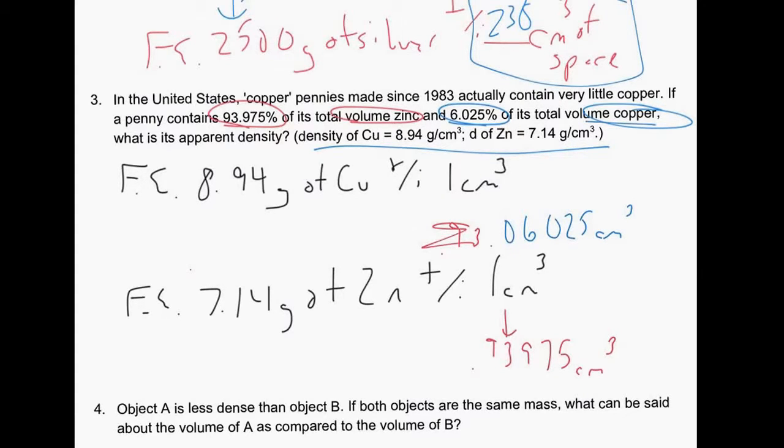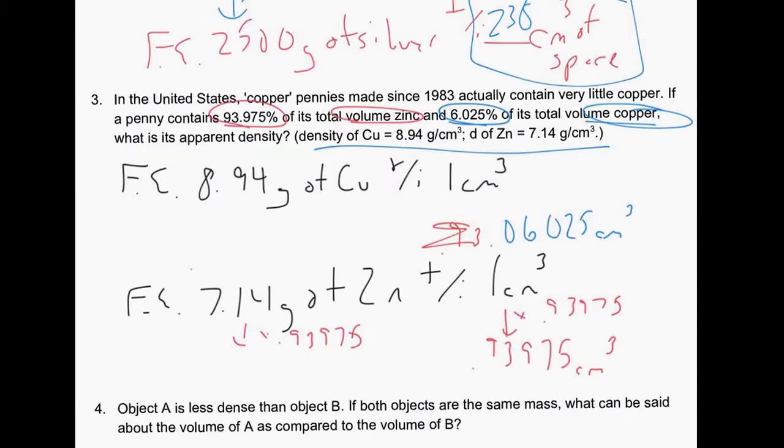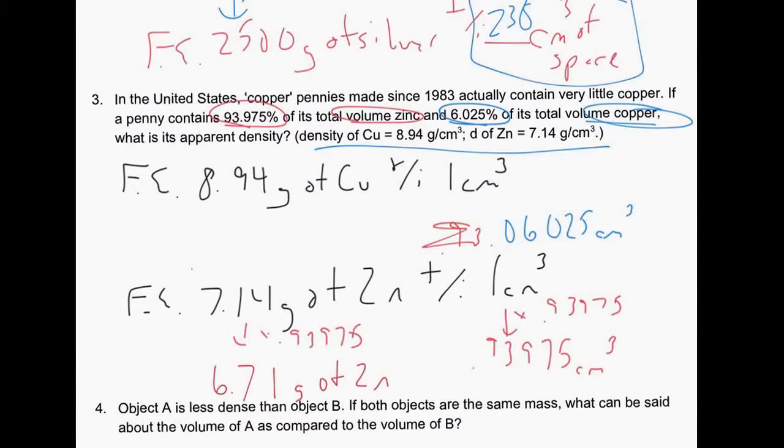Back up here, if I multiply those two out, this will be 7.14 times 0.93975. That is 6.71 grams of zinc. And then the rest of it is going to be copper.